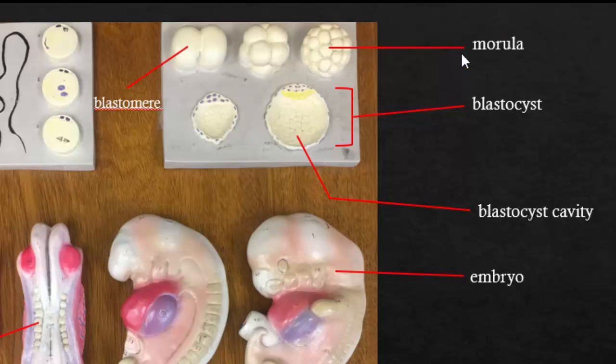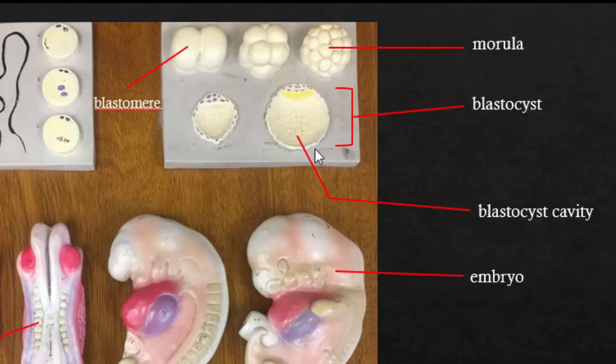So the morula is the second term on your word list. That morula is a solid cell mass. Eventually it will continue to develop, and that solid cell mass will give rise to this structure here, where we can see a solid mass of cells at one side of this structure.